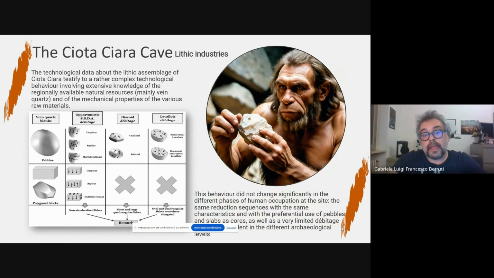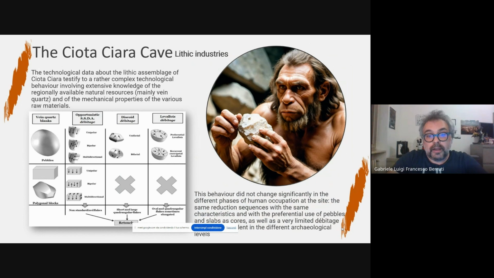Another thing is the lithic industry. The lithic industry of the Ciota Ciara is mainly made in vein quartz that can be collected near the cave, less than 1 kilometer from the cave. The raw material arrives in the cave in the form of pebbles, and the vein quartz is used for knapping with three different methods: SSD, discoid, and Levallois.